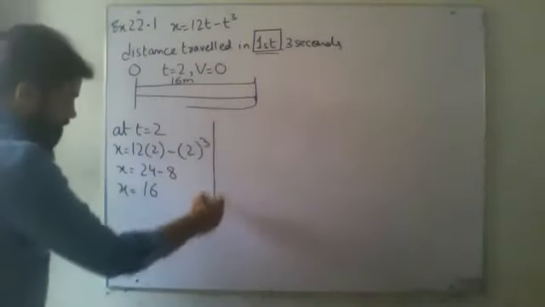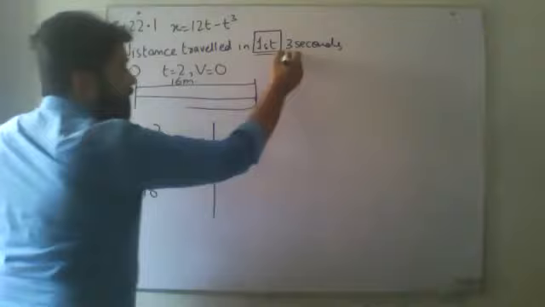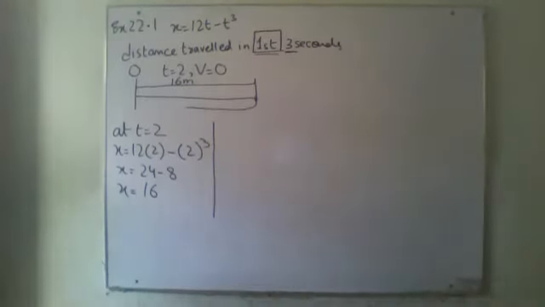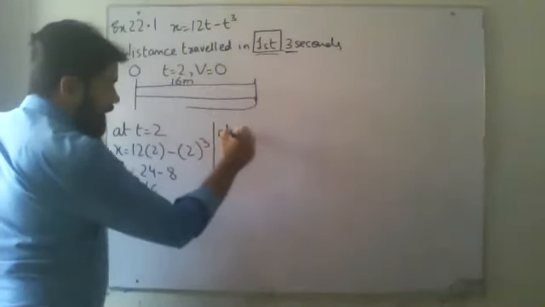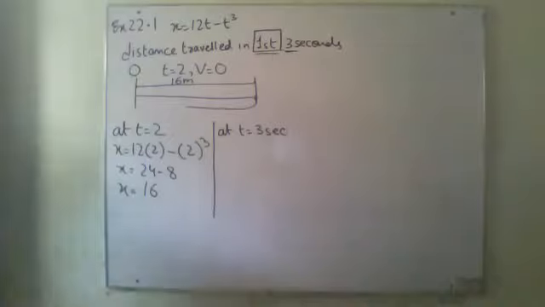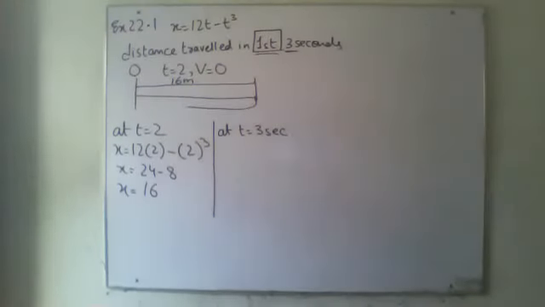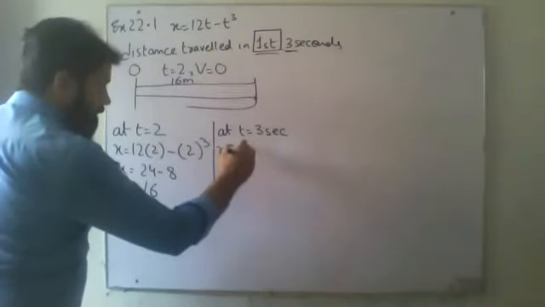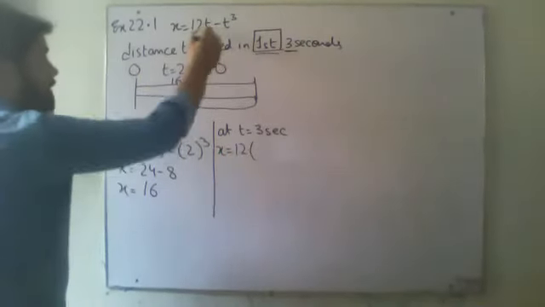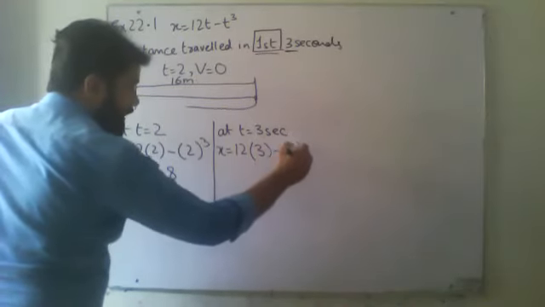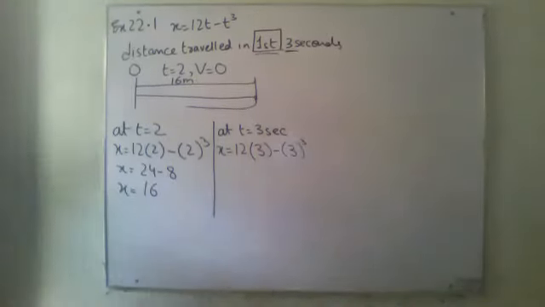Now I have to go till 3 seconds. So now what will I do? At t equals to 3 seconds, x equals to 12 into 3 minus 3 cube.